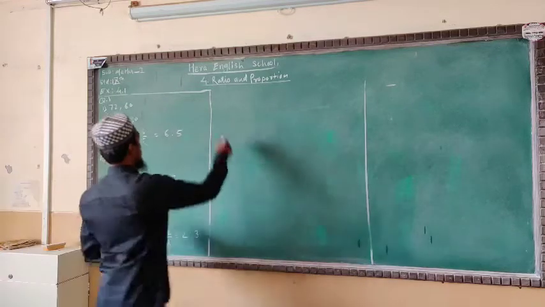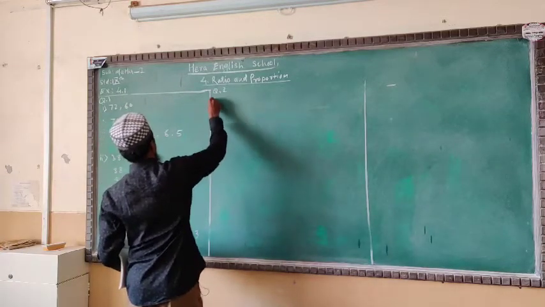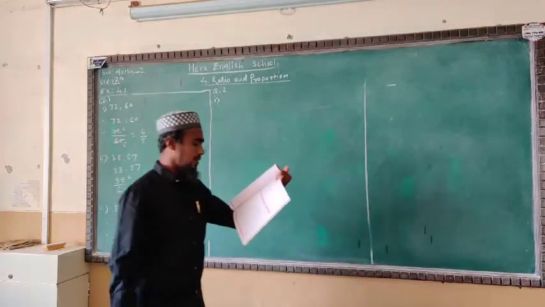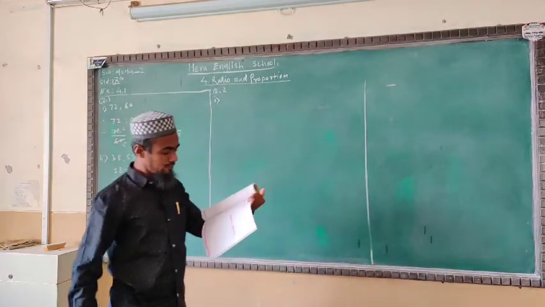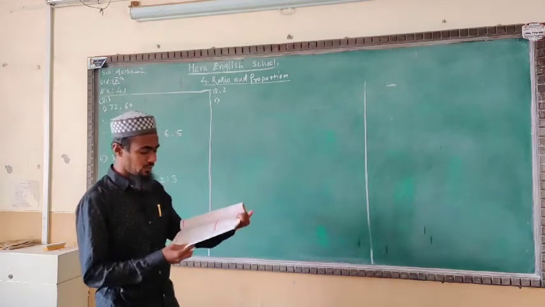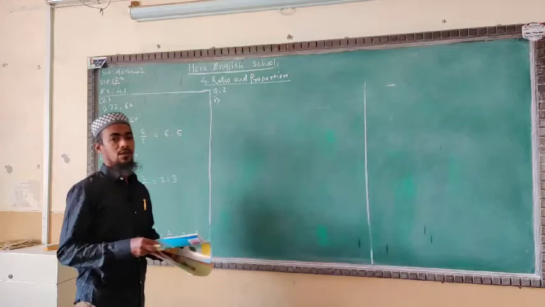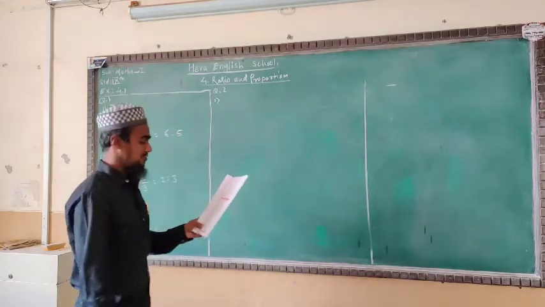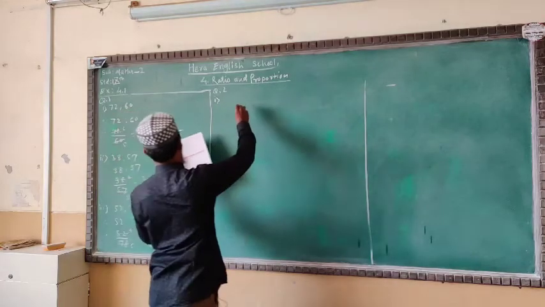Now come to question number 2, first one. The question is: find the reduced form of the ratio of the first quantity to the second quantity. Now see very well, here it is the same question, but we have to pay attention to the units of the quantities.